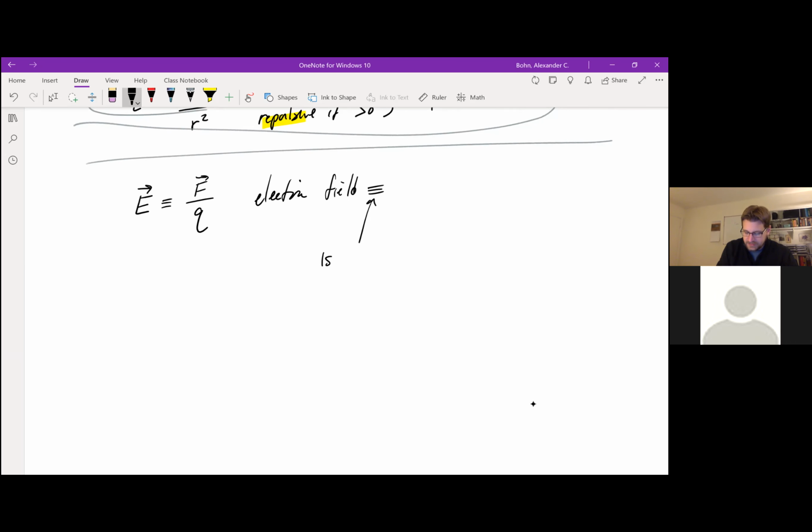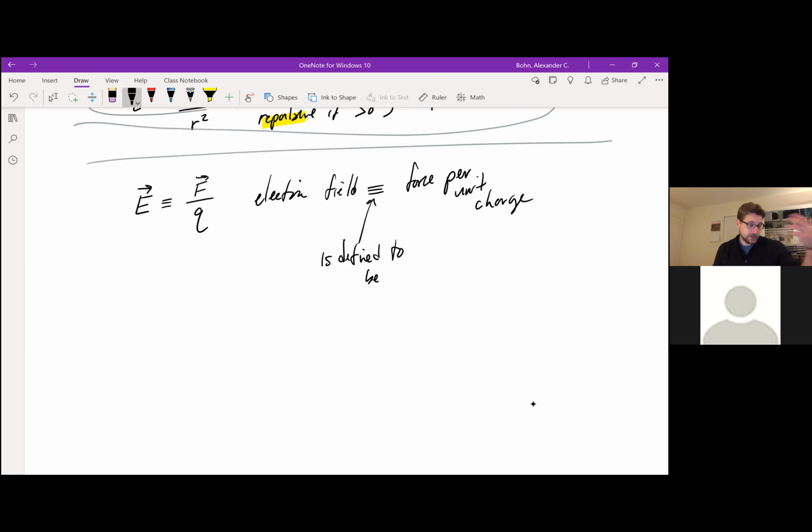It is defined, not equal for any other reason, but it's equal because we say so, as force divided by charge. In other words, force per unit charge. The electric field is a question: how much force does a charge of magnitude Q feel in this environment?